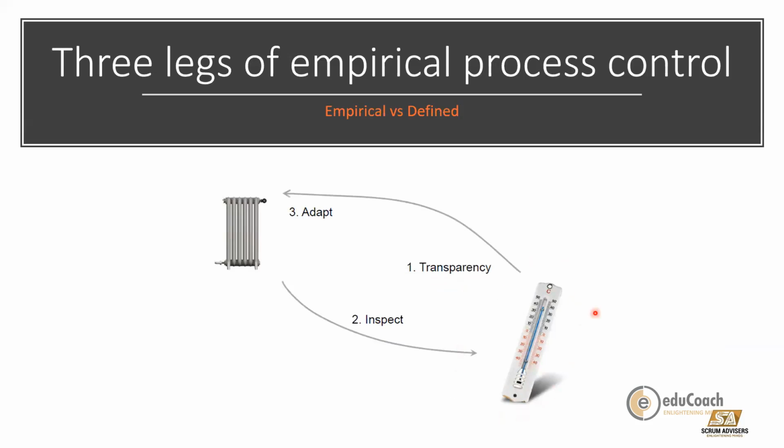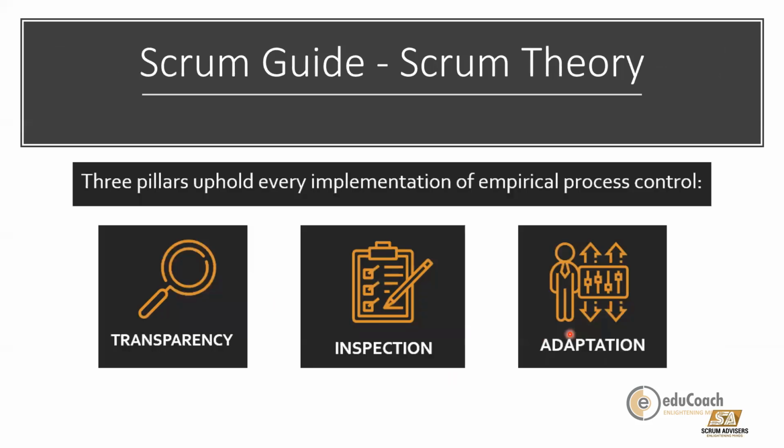Once it has created the transparency, the heating element is able to inspect. And once it inspects and knows the temperature, it adapts the heating or the cooling to the room temperature. So again, the 3 pillars that uphold every implementation of empirical process control: transparency, inspection, and adaptation.